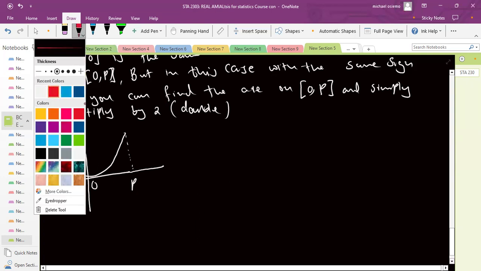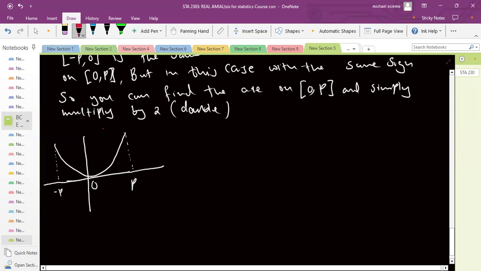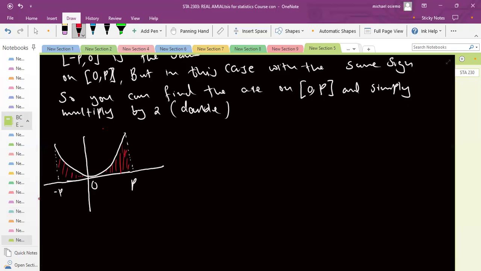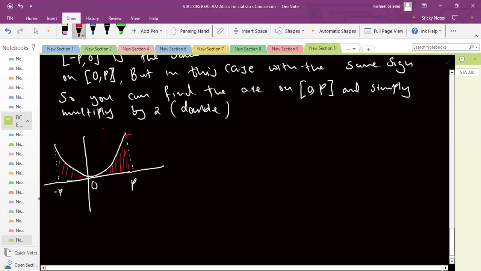Remember the integral is used to find the area under the curve. So if I integrate this function over the interval negative p to p, I'll be finding the area of the red shaded region. Let us say this one is y equals f of x, the function. This one is the x-axis. This one is the y-axis.